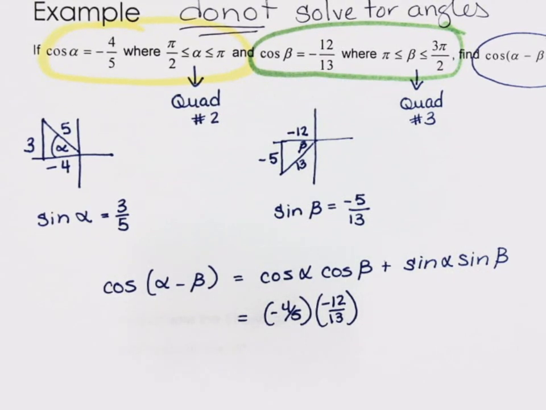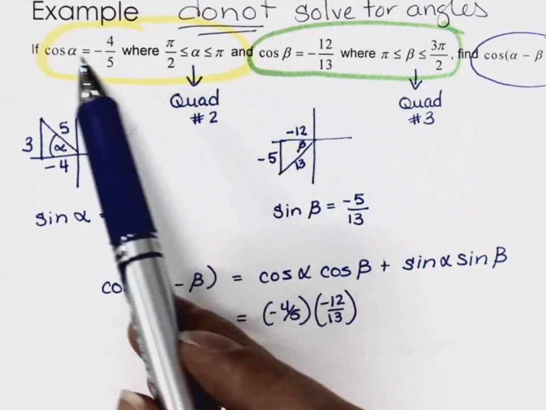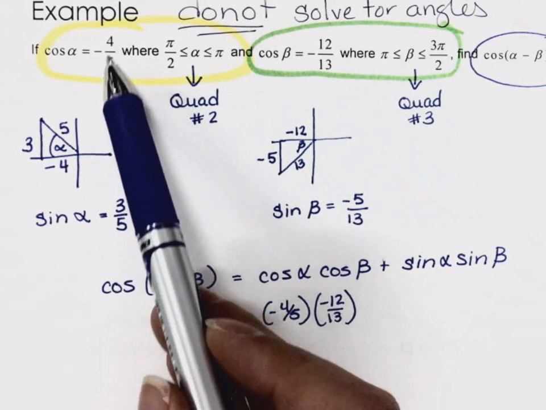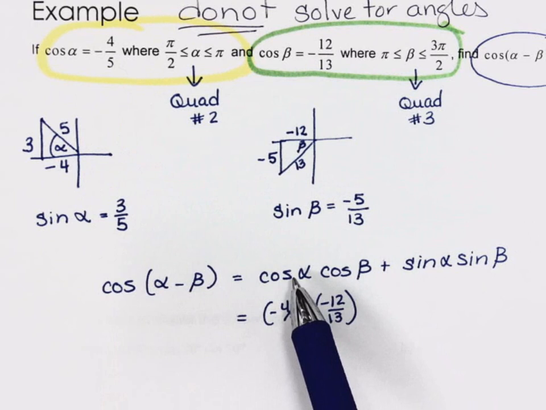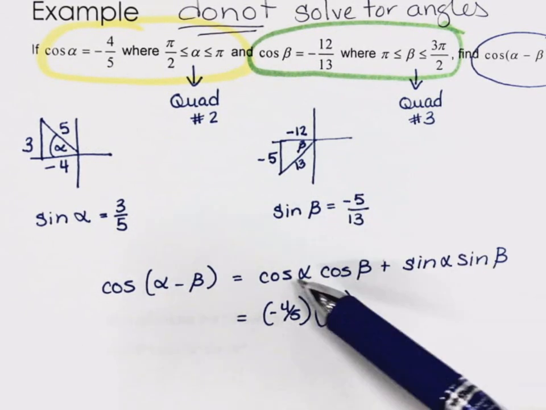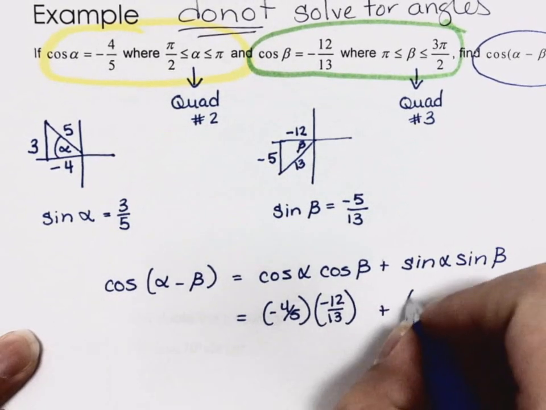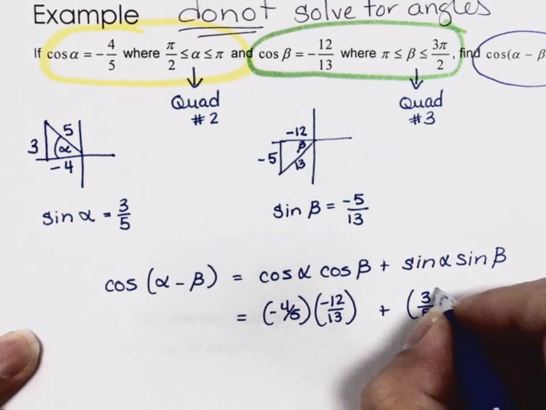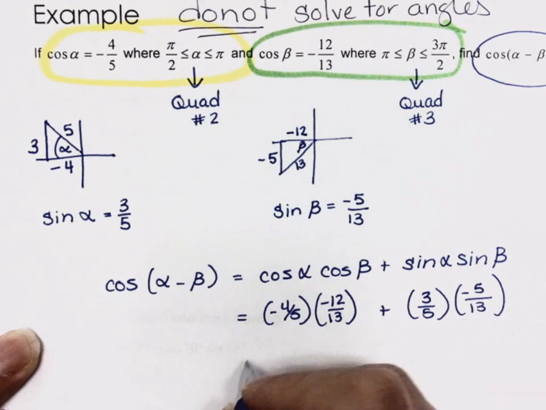This is where people end up putting the -4/5 in for the angle, and that's not a true statement. Cos alpha is equivalent to -4/5, so we're taking out the whole cos alpha. I keep saying 4.5, 4/5. So you take out the cos alpha, replace it with that. So now you know your sines, 3 over 5 and negative 5 over 13.